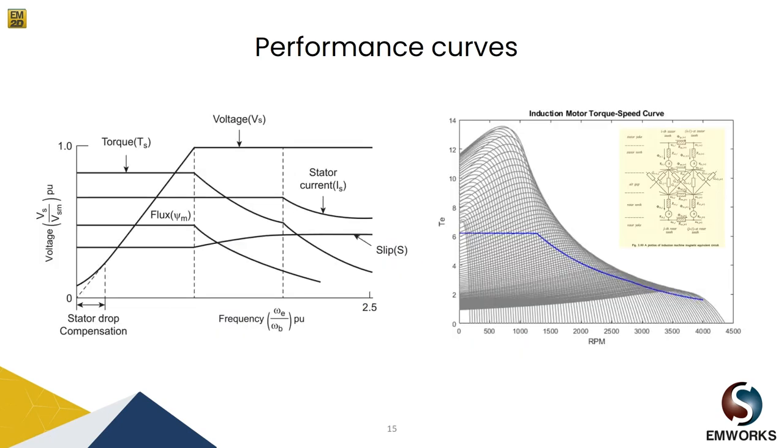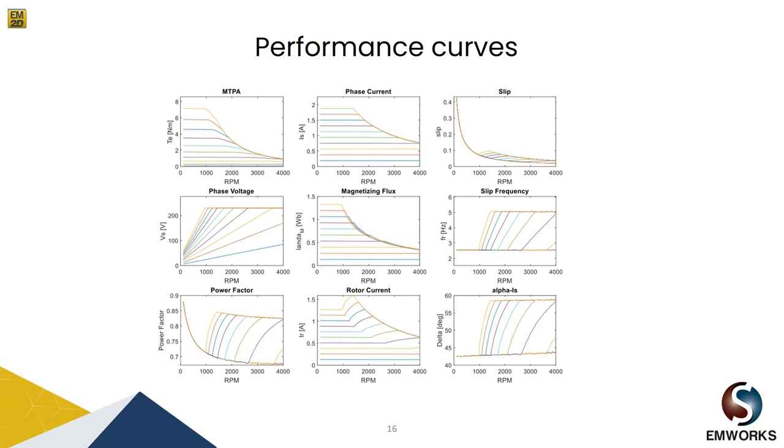And when you calculate this graph, you can use similar logic and change the value of the amplitude of the stator current to calculate these performance curves. For example, torque versus the rotor speed, phase current versus the rotor speed, slip frequency, and so on.